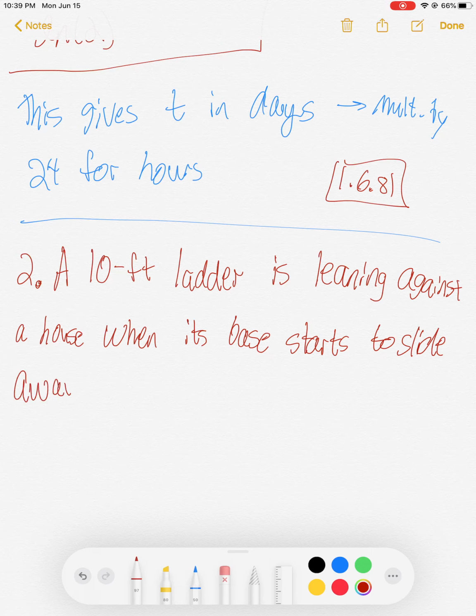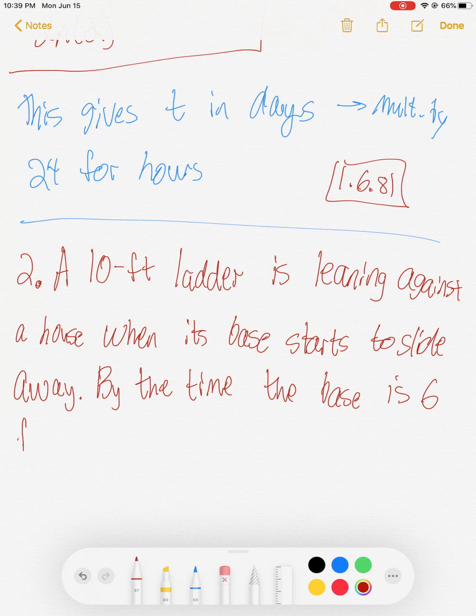So a ladder is leaning against a house, when its base starts to slide away.